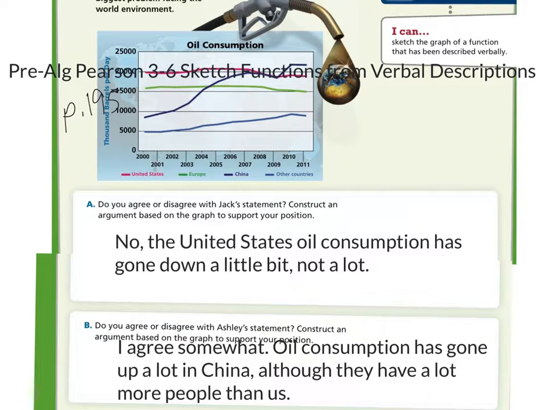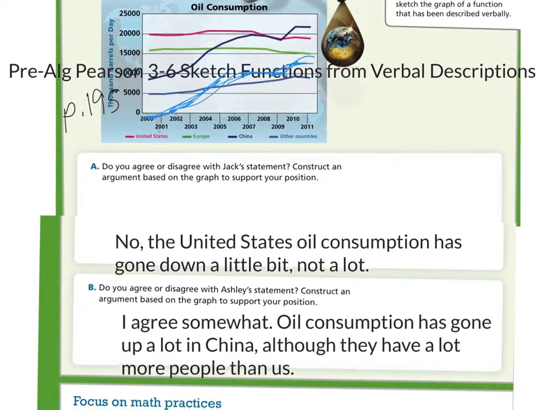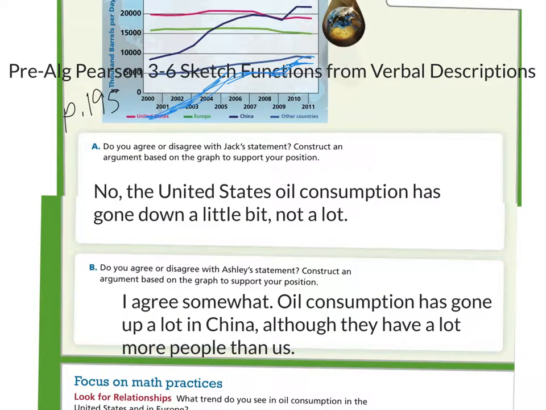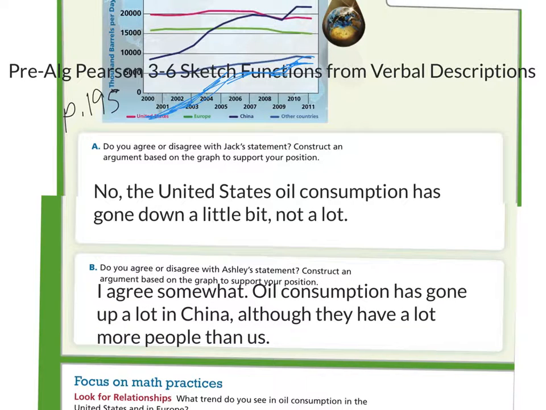And then for Ashley's statement, if we look at the graph for China, oil consumption has gone up quite a bit. They've actually passed us up, but maybe I don't totally agree, making them sound like they're the only bad guys here about the environmental problems.